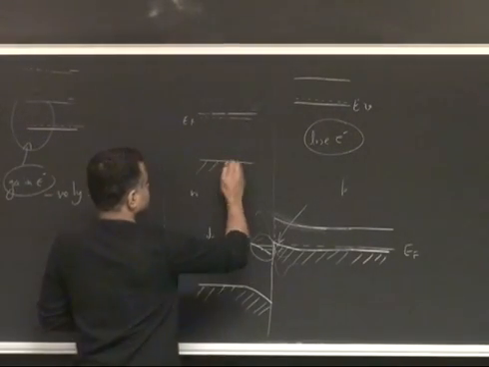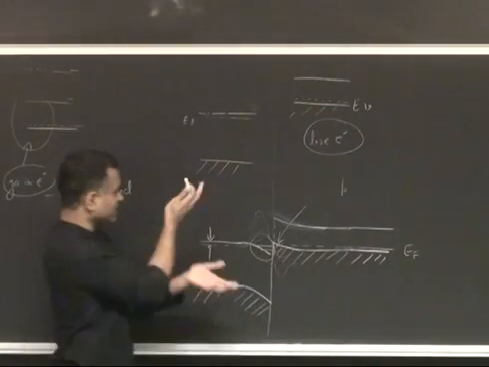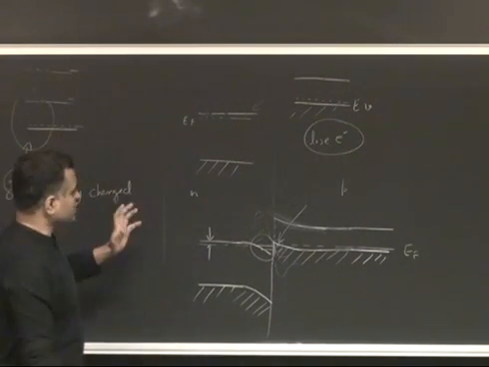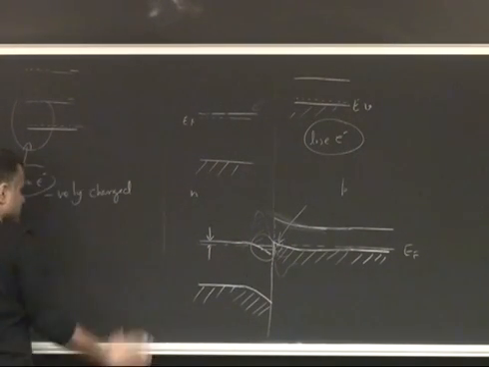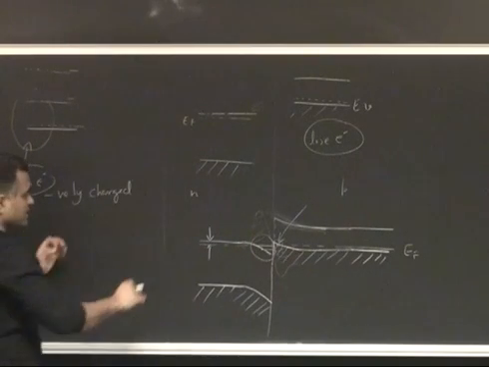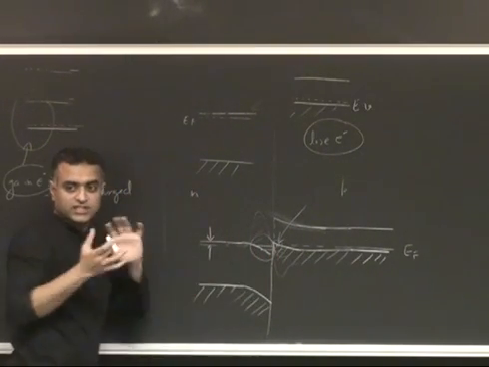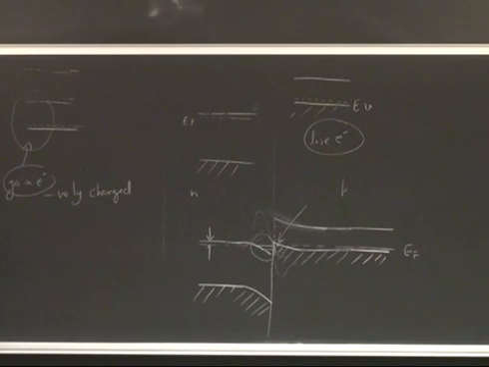And in the next assignment, I'm going to give you a few problems so you can play around with it and see. So you can have situations where there's depletion on both sides, where there's accumulation on both sides, there's depletion on one side, accumulation on the other, and so on. You can design things accordingly, by choosing the right doping and the band offsets and all that.